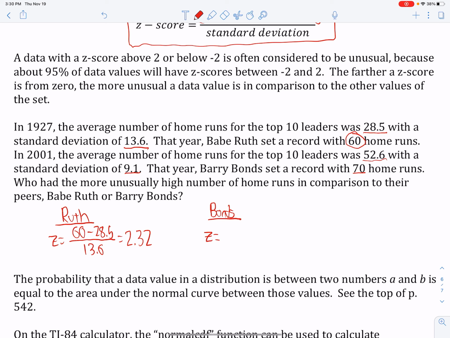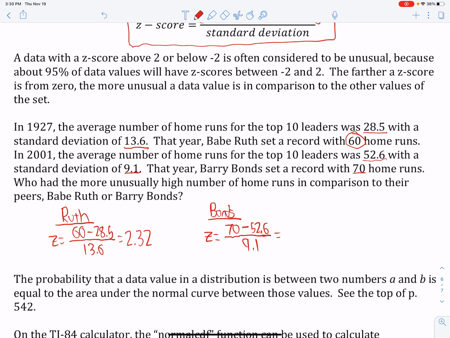To do that, we take his value of 70 minus the average of 52.6, and we divide that by the standard deviation of 9.1.